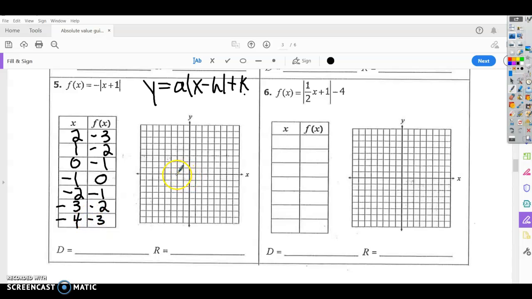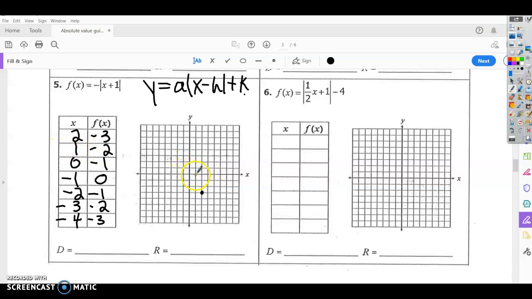All right, so we've got 2 and down 1, 2, 3. Oh, sorry, I'm going on the wrong side of the graph here. So I need x says positive 2. So I'm going this direction. X is positive 2, down 1, 2, 3.